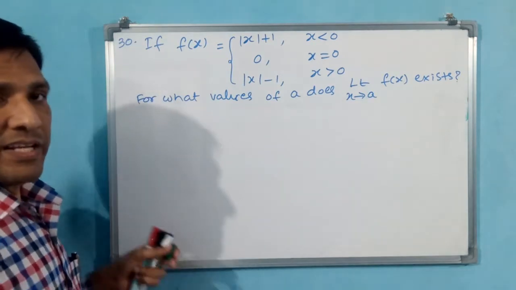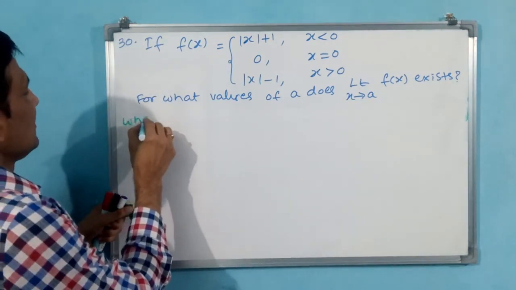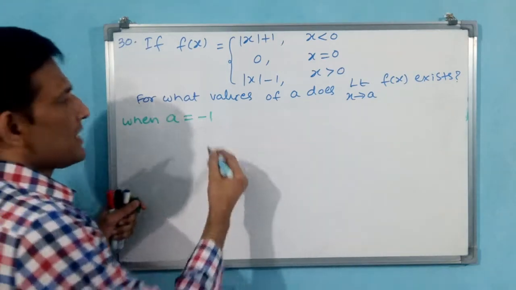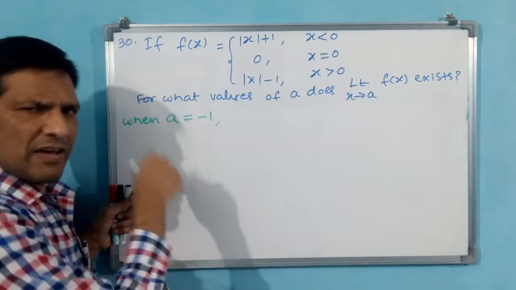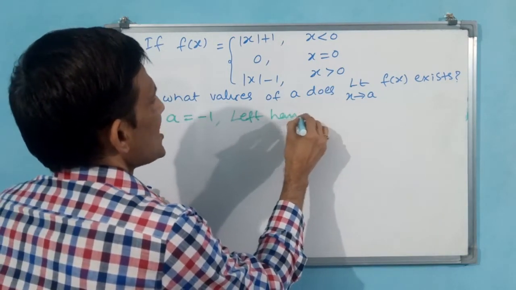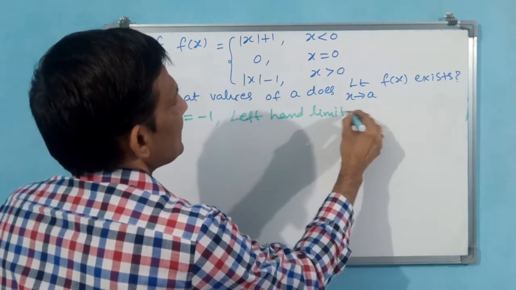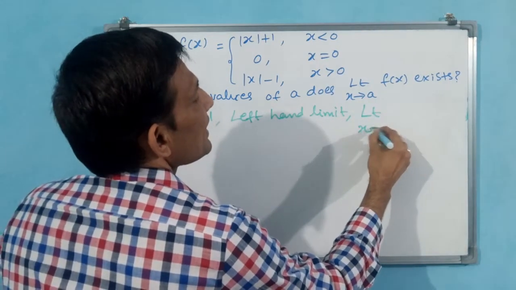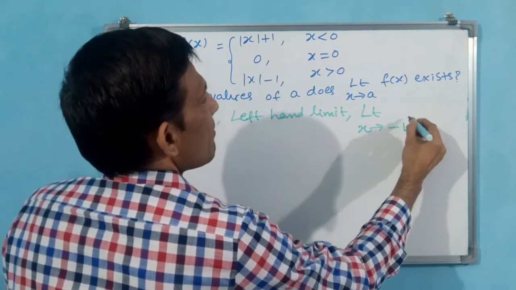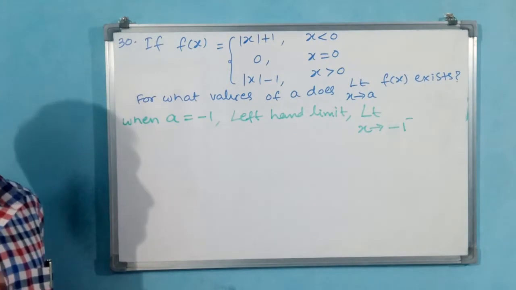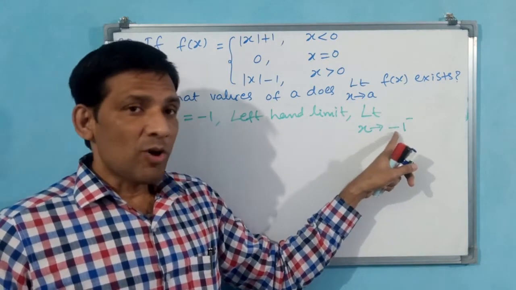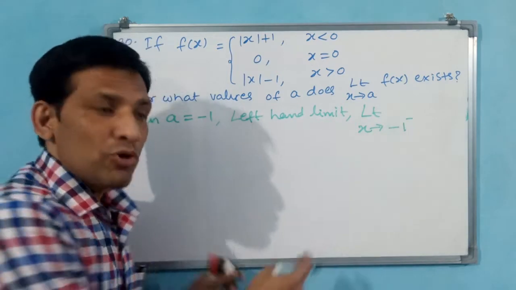See, when a is equal to -1, what values of a you are finding, like left hand limit. Limit x tends to -1 minus. Simply observe carefully. This minus is the sign of this one, but the top minus is position.